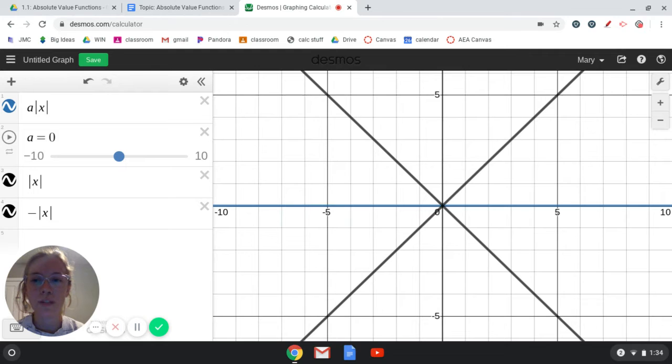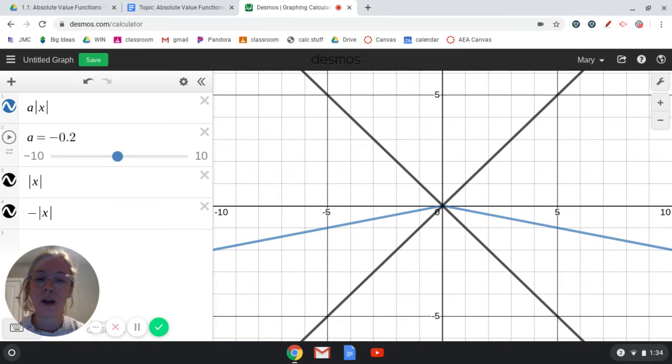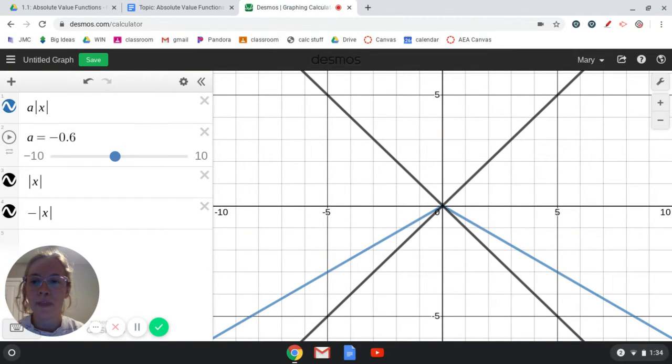Okay, now let's go negative. Any negative number is how you end up with a downwards facing v, or a mountain. So notice that this negative 0.6 is still a shrink, but it's a shrink and a reflection. So two different transformations with one number, because it's negative and it's between 0 and 1.